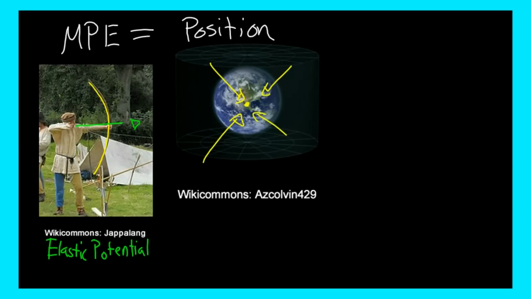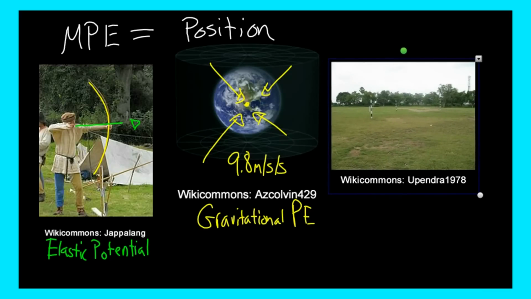And at the surface of the Earth, that is around 9.8 meters per second per second. And that is called the gravitational potential energy. When we are calculating it, we're usually doing it from some frame of reference, usually the ground.